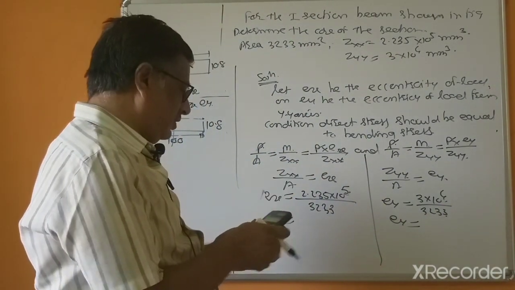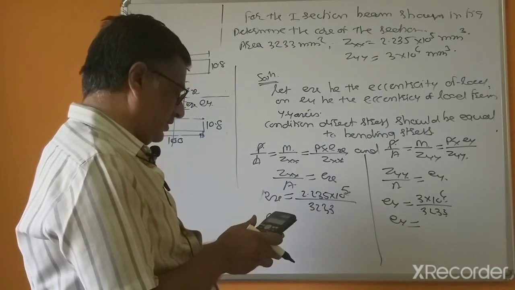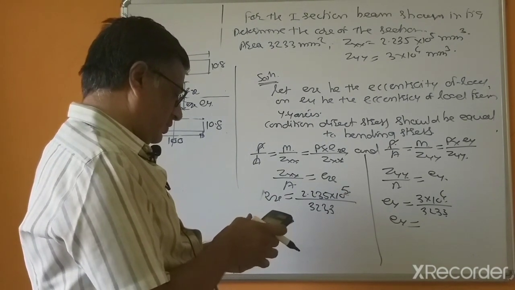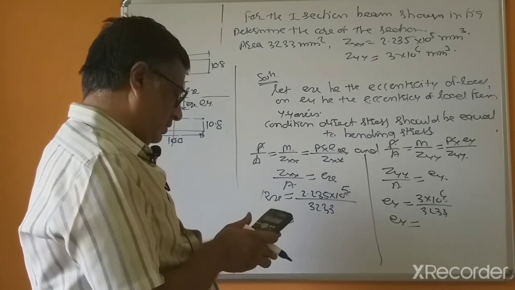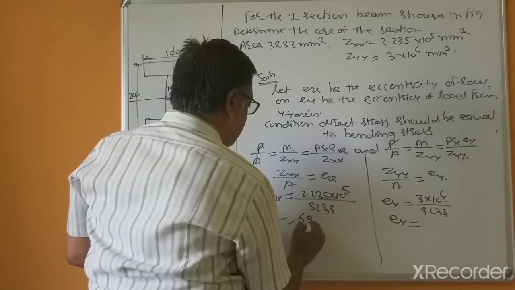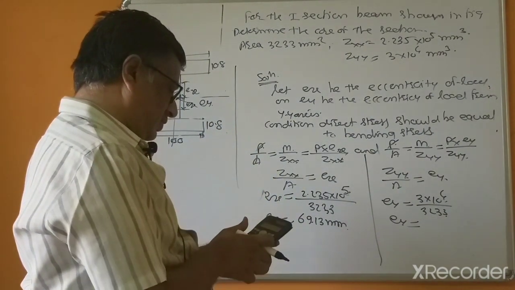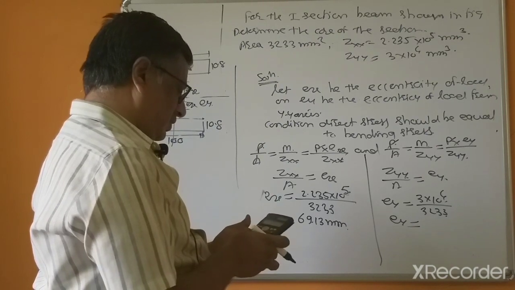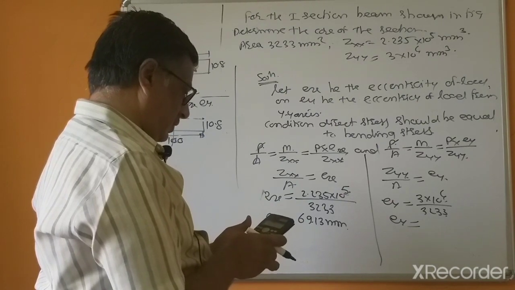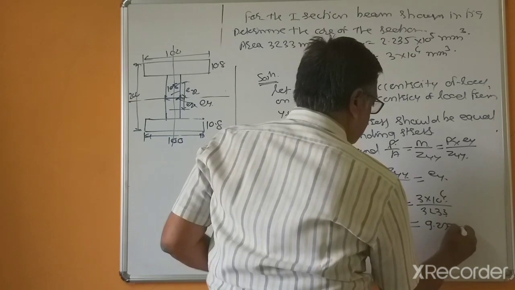By using such you can calculate the eccentricity of the load points from the XX axis and from the YY axis. This is equal to 69.13 mm, and 9.279 mm.